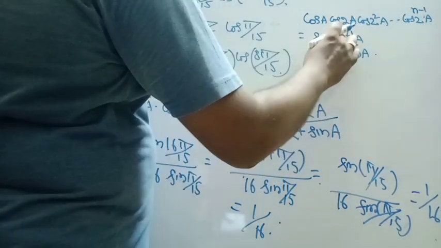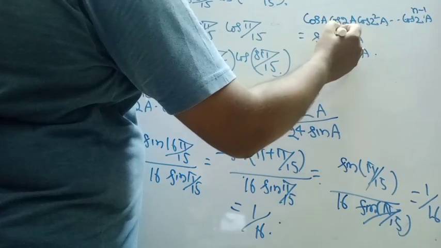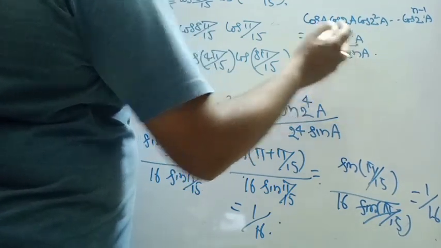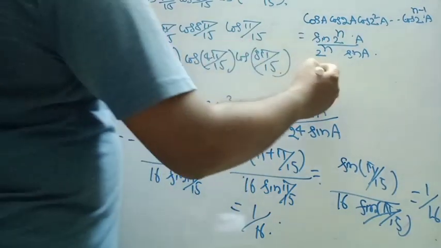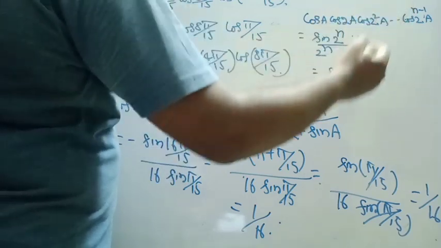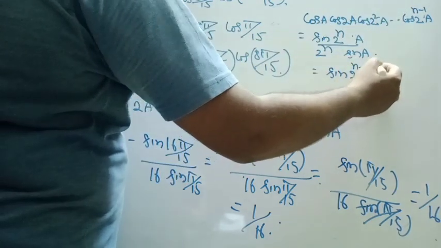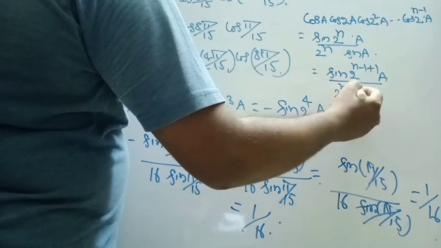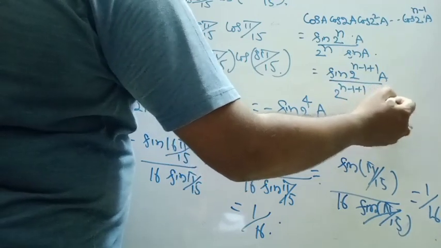Now you will not have n plus 1, you will have only n. Because it is sin of 2 power n minus 1 plus 1 into A by 2 power n minus 1 plus 1 into sin A.